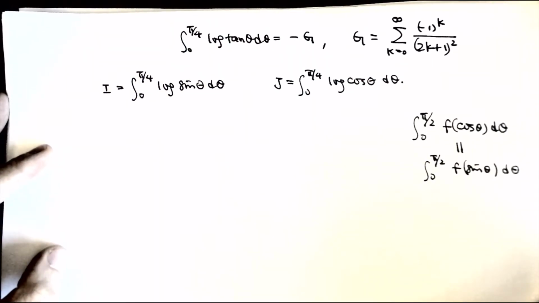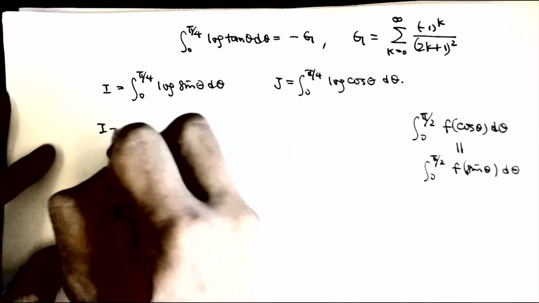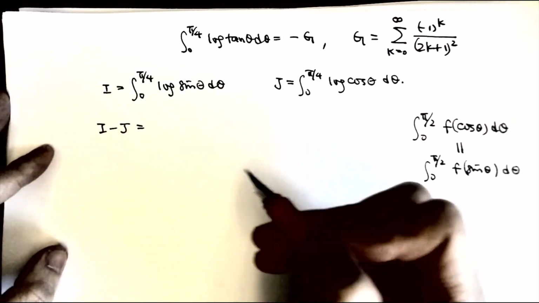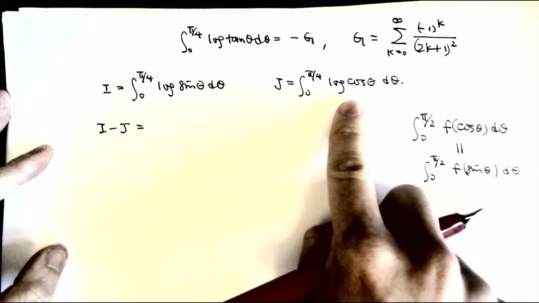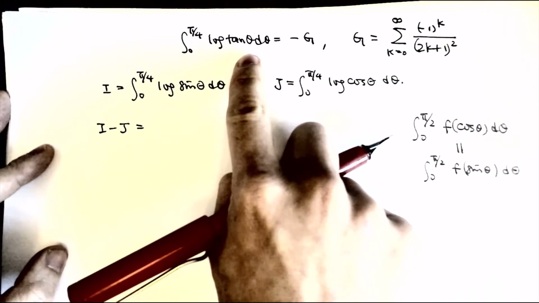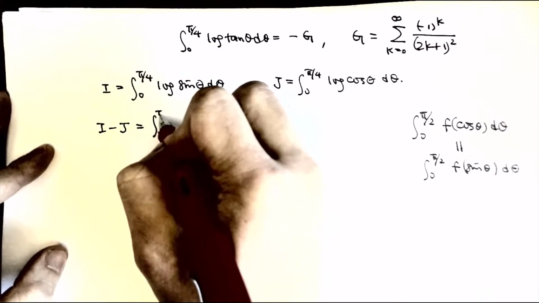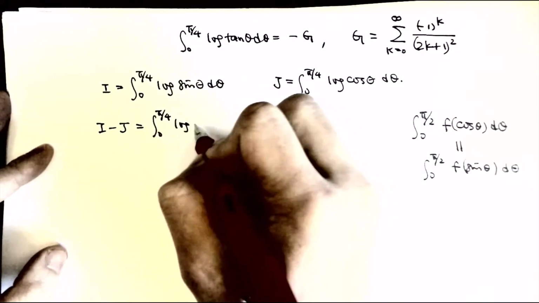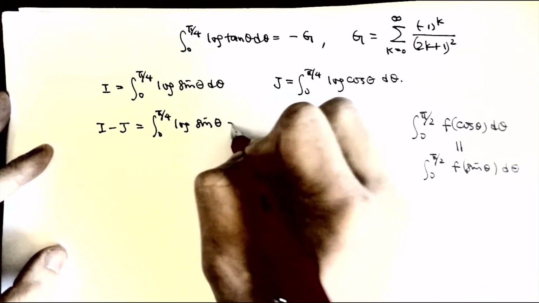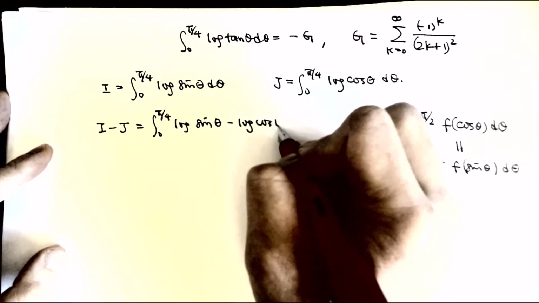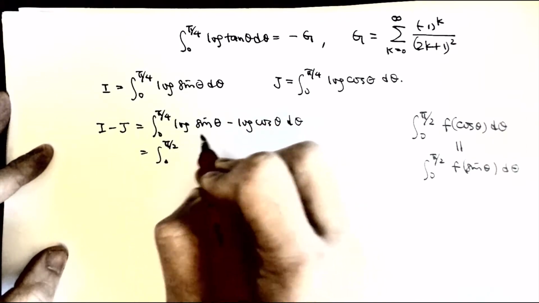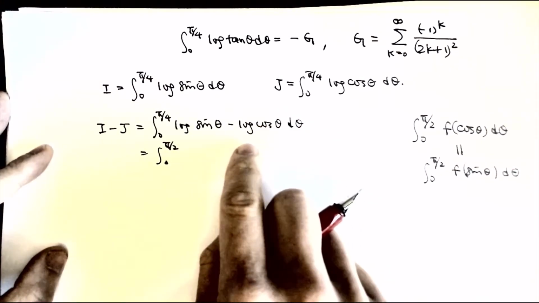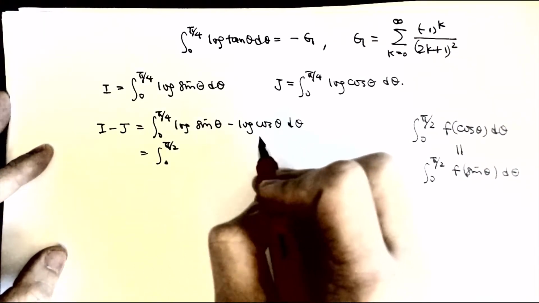Now, it is very easy to observe that I minus J is the integral of log sine minus log cosine, which is log tan. We write down log sine theta minus log cosine theta, and we know the subtraction of logs is the division inside a log, sine over cosine, which is tangent.